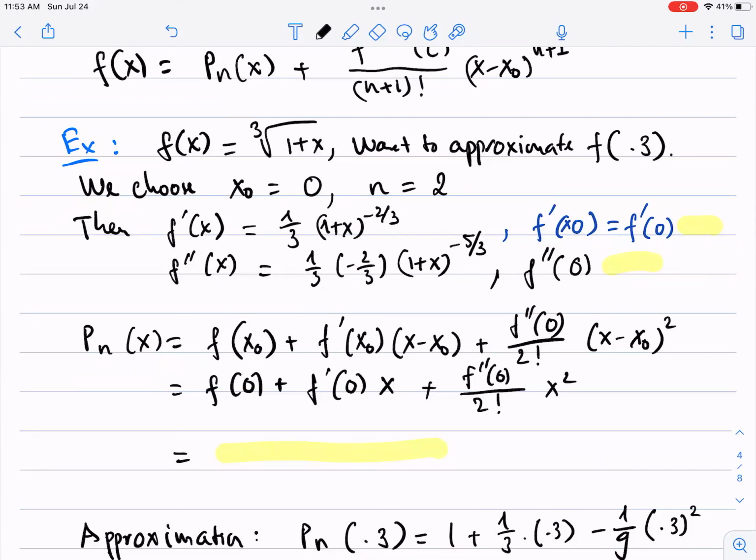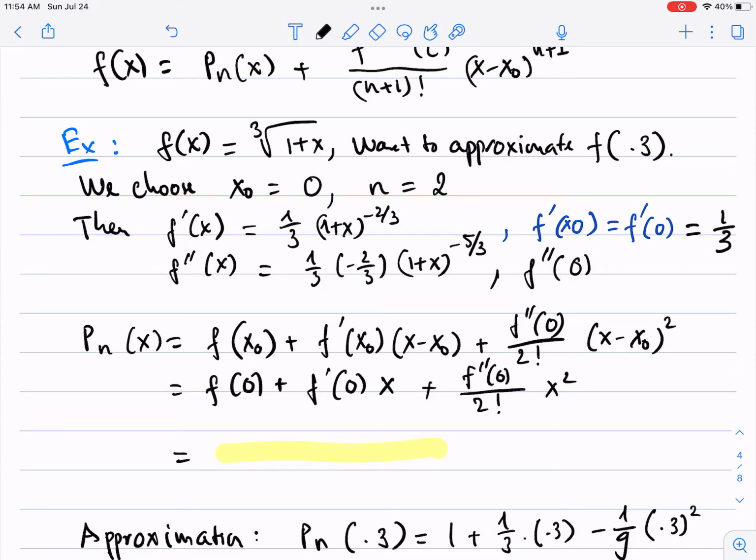When we evaluate this derivative at x0, this is f prime of 0, which is 1/3 times (1 plus 0) to the minus 2/3. So 1 plus 0 equals 1, and this is just equal to 1/3.